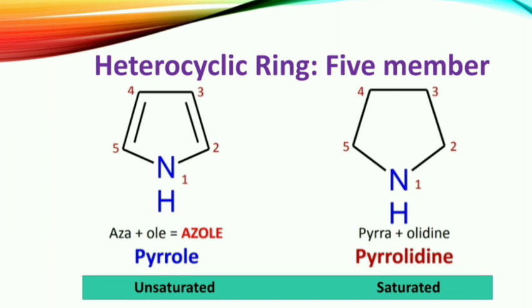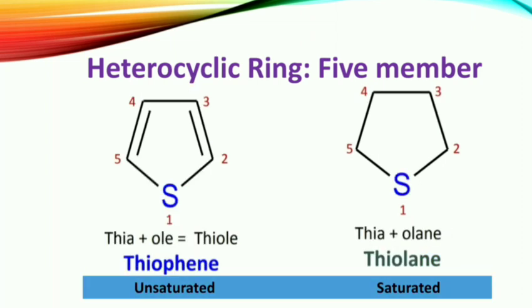We can see another example, so you can easily understand how to give the nomenclature for the 5-member ring structure. This example contains sulfur as the heteroatom in the ring structure. Give the numbering starting from sulfur, then you can number in any direction, and identify whether the structure is saturated or unsaturated.